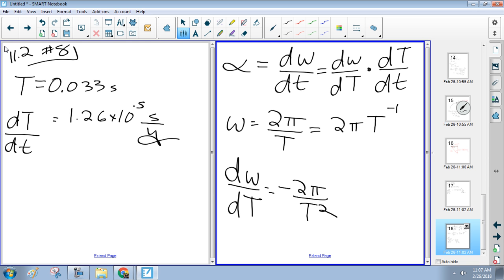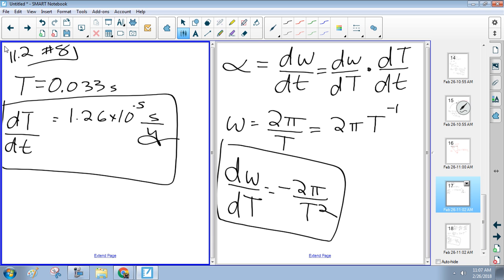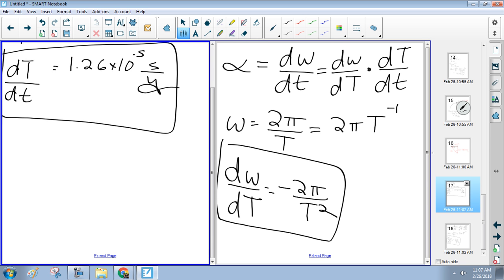Now at this point, it's kind of plug and chug. I've got an expression for d omega dt, and I've got an expression for dT dt. So our alpha is d omega dt, which is negative 2 pi over T squared.